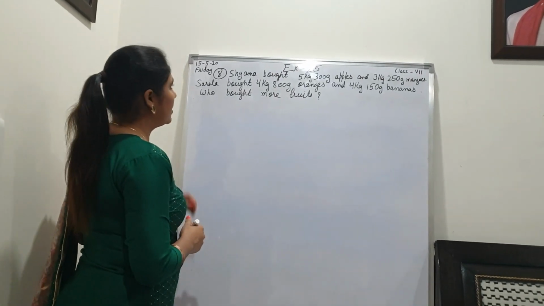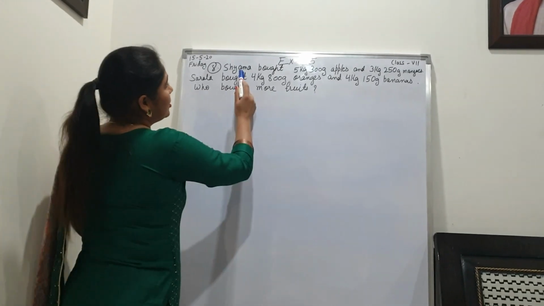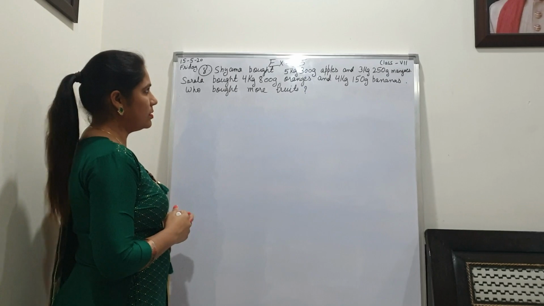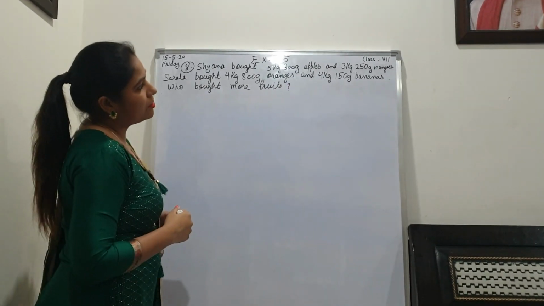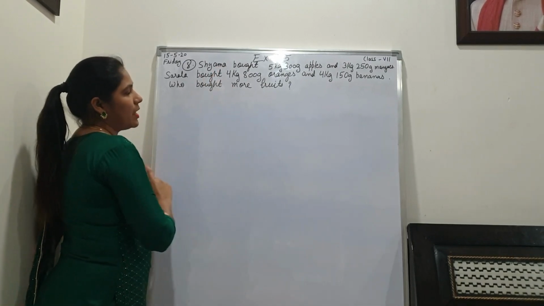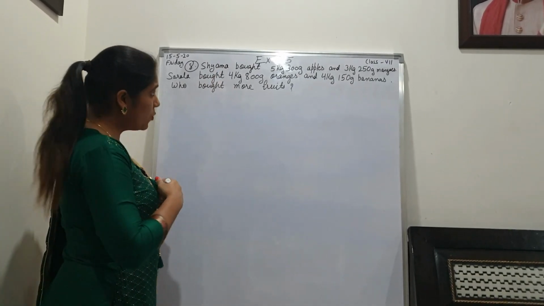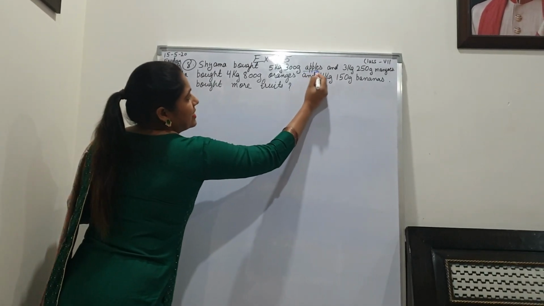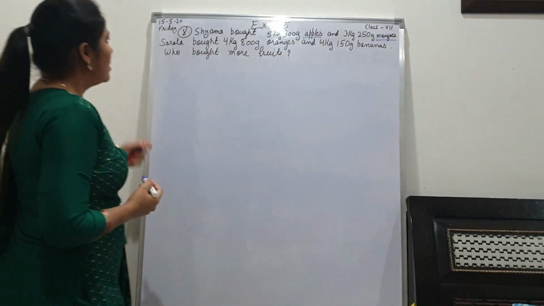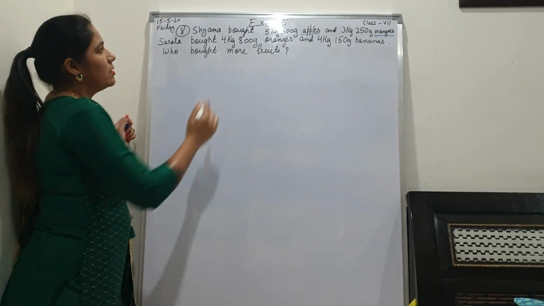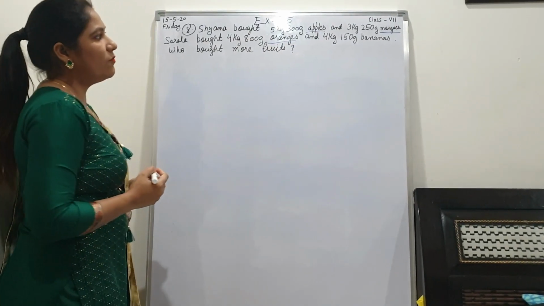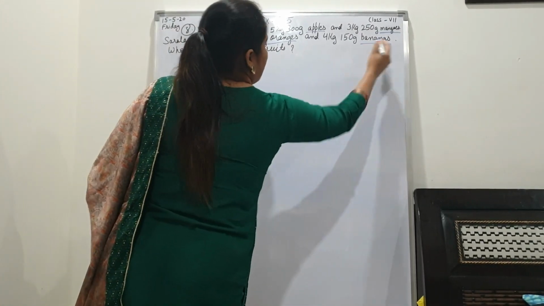Students, see question number 8, that is Shama bought 5 kg 300 gram apples and 3 kg 250 gram mangoes. So there is a person Shama who bought some fruits, that is apples and mangoes. Then Sarla bought 4 kg 800 gram oranges and 4 kg 150 gram bananas.